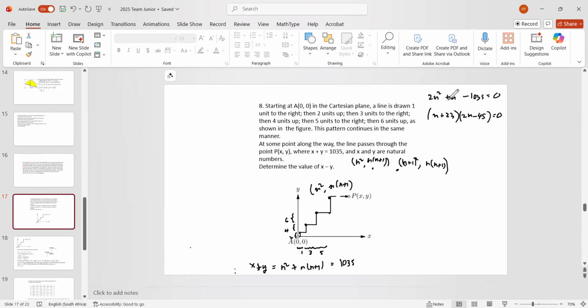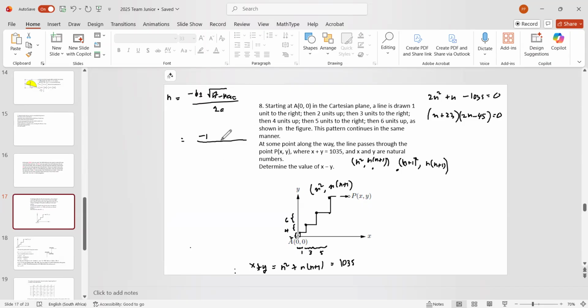Normally you have 2x squared plus x plus something, right? And that's a quadratic equation. But here it's an n. So the formula says n is equal to minus b plus or minus square root of b squared minus 4ac, all over 2a. So the b is plus 1 here.